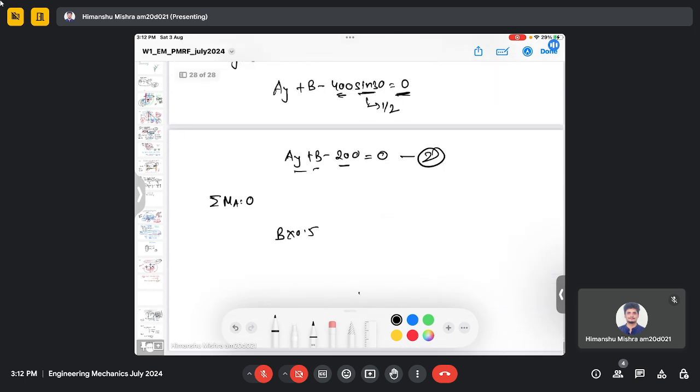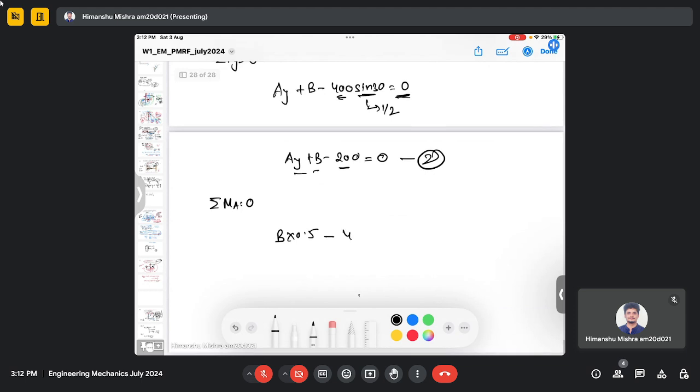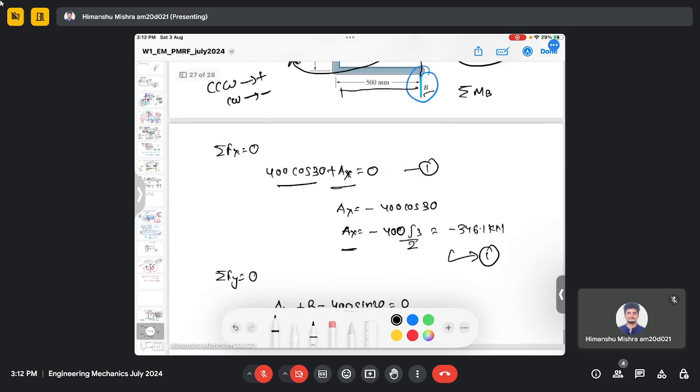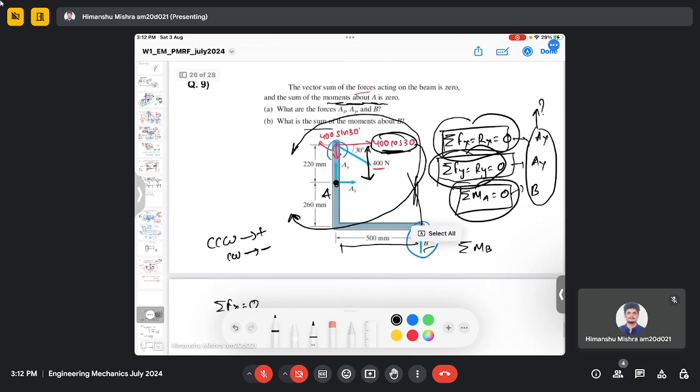So since it's clockwise, it will be minus 400 cos 30 multiplied by 0.2. Then that's it. So there will be only two forces which are creating the moment, and the other forces don't have any perpendicular distance, so there will be no moment from the other forces.